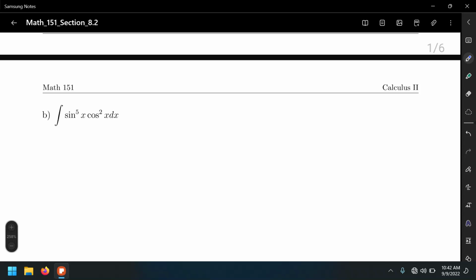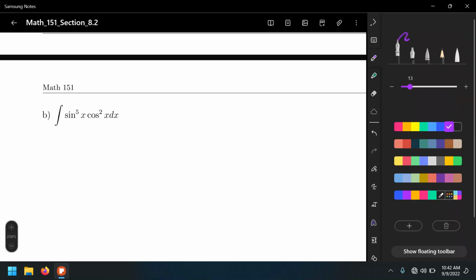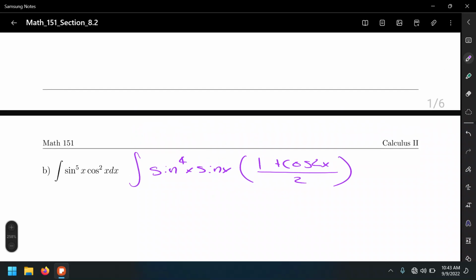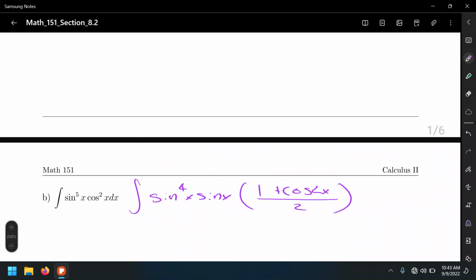As a first attempt, it would be something like, okay, save 1 power of sine and use the power reduction formula right here. But there is a problem. Notice if we did this, we would be getting factors of trigonometric functions of a single angle and a double angle, and we would be in trouble.